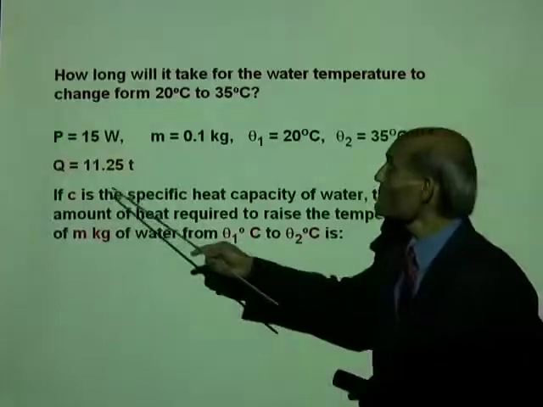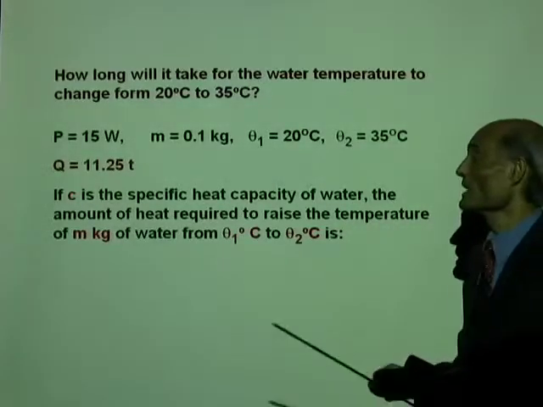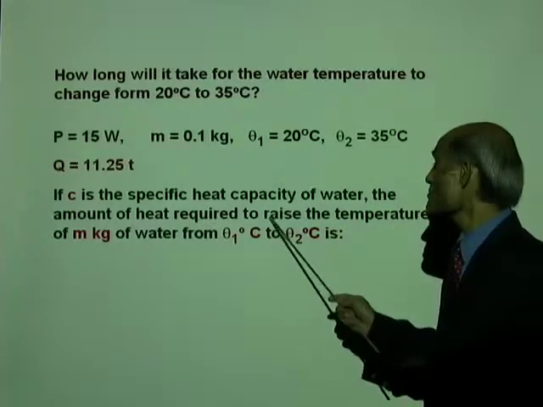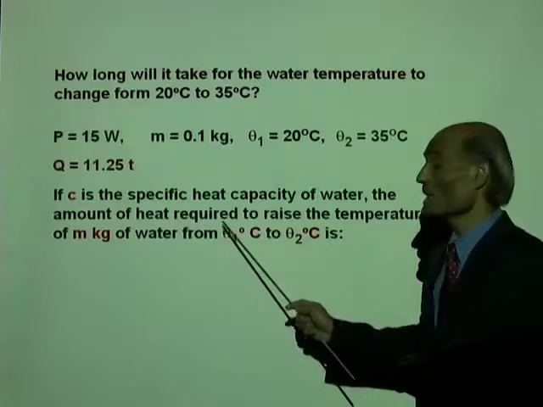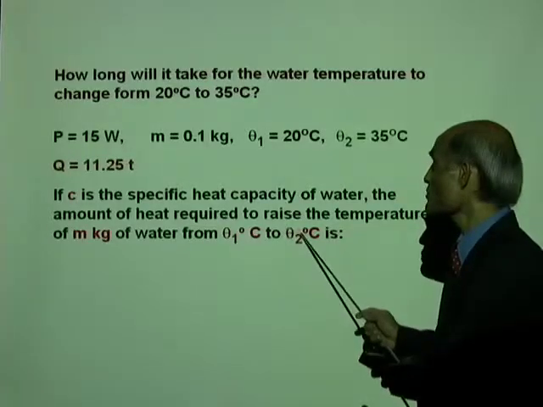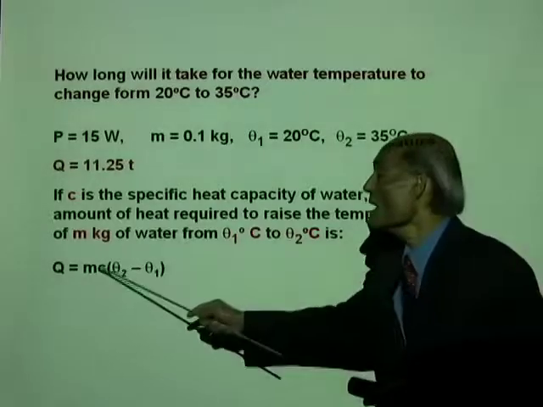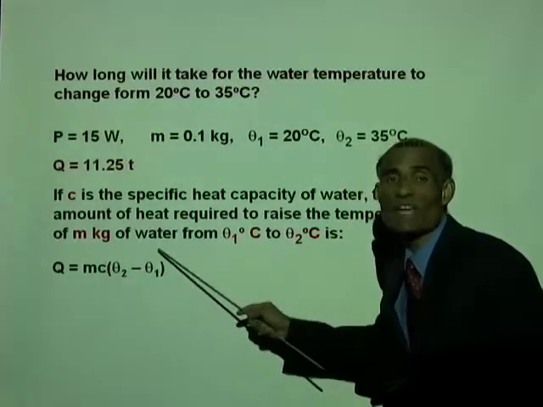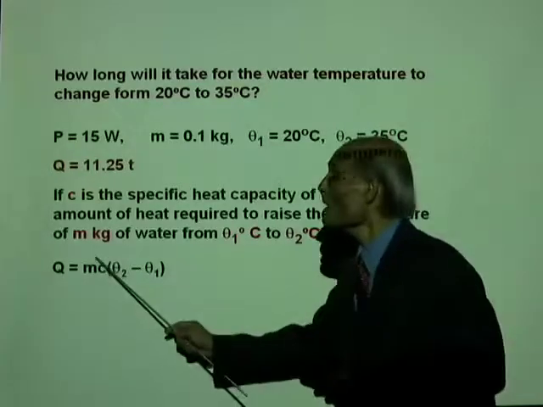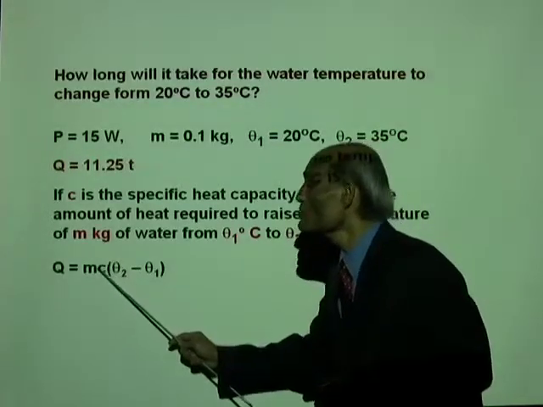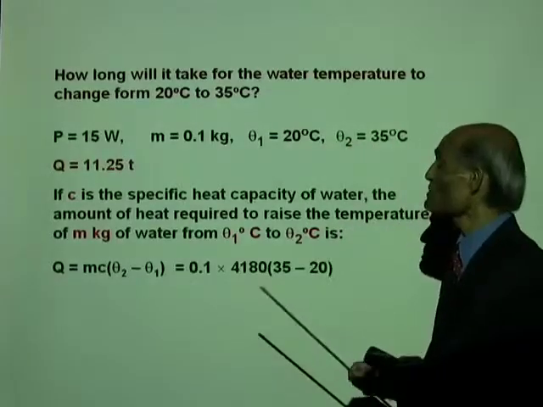Alright? If C is the specific heat capacity of water, the amount of heat required to raise the temperature of m kilogram of water from theta 1 degree Celsius to theta 2 degrees Celsius is mc delta theta, mc times change in temperature. We know the mass, we know specific heat of water, we know the change in temperature.